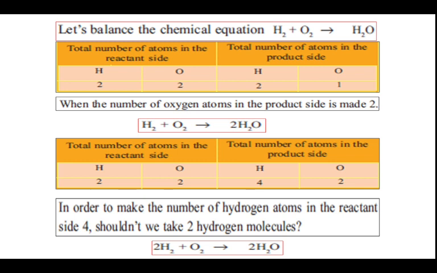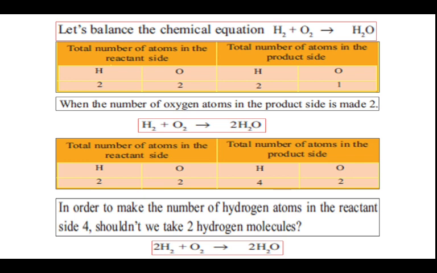Let's balance the chemical equation H2 plus O2 giving H2O. When the number of oxygen atoms in the product side is made 2, this equation can be rewritten as H2 plus O2 giving 2H2O.